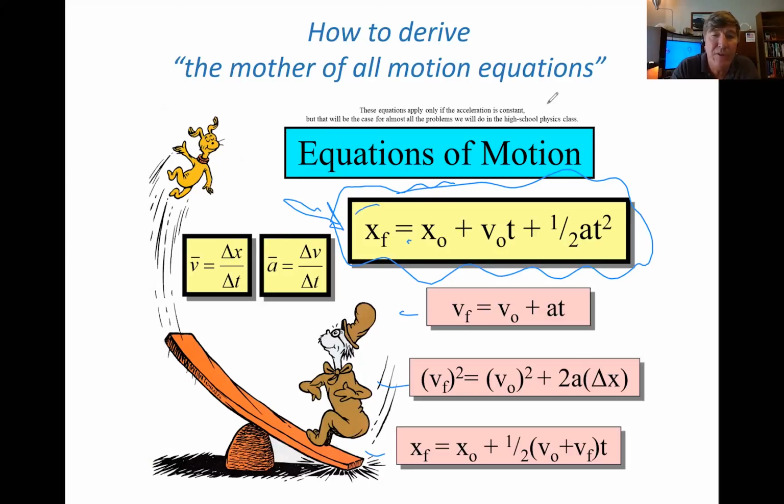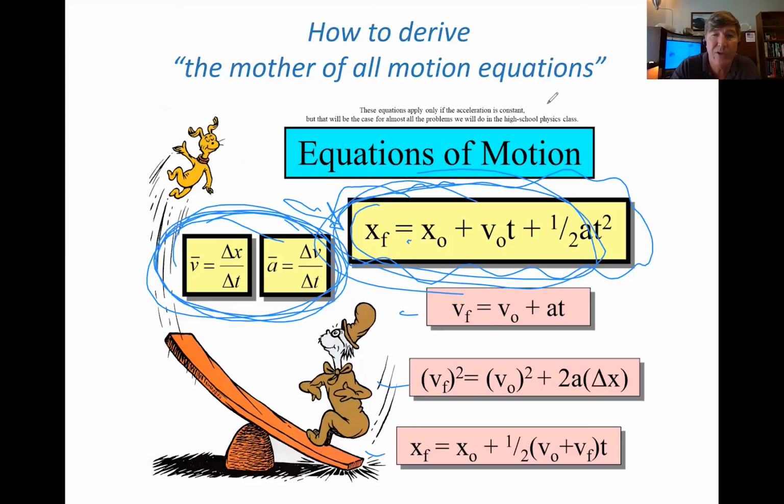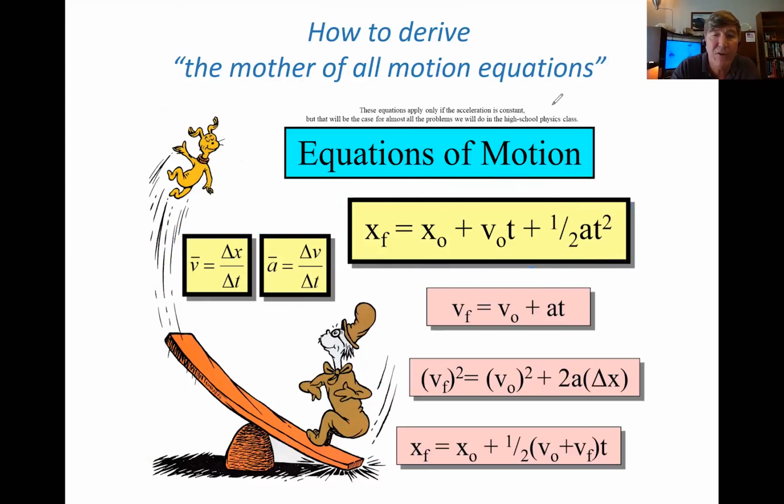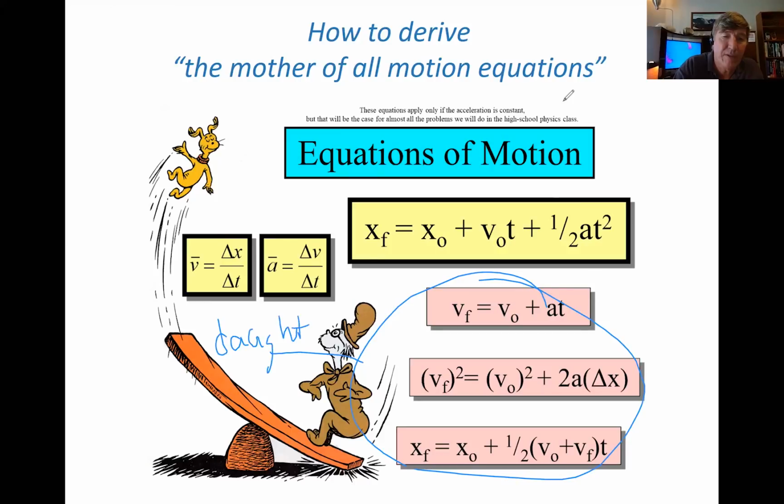If you know the mother, together with the definitions here, everything that's in yellow, these are definitions. This is the mother of all motion equations. So if you know them, then by combining these together, you can derive all these other equations. These other equations down here, I call the daughter equations.